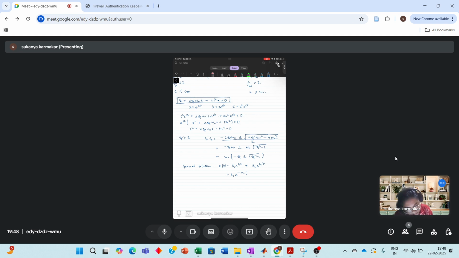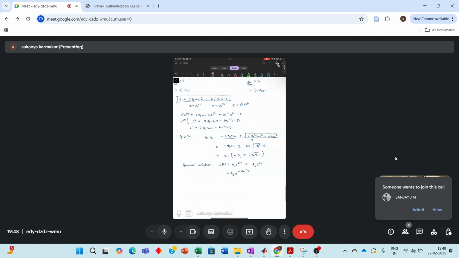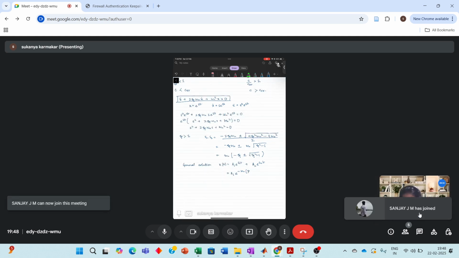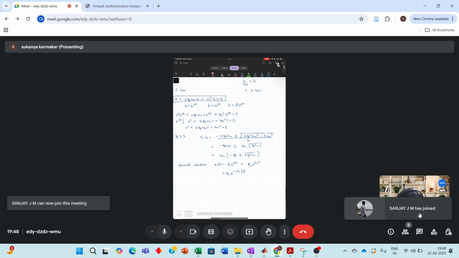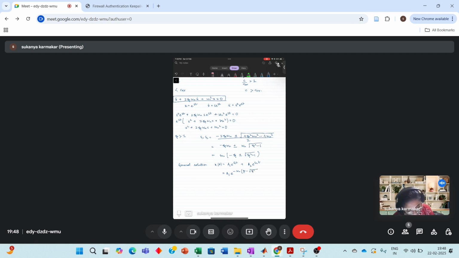let's consider one with the plus sign. So minus under root of zeta square minus 1 into t.